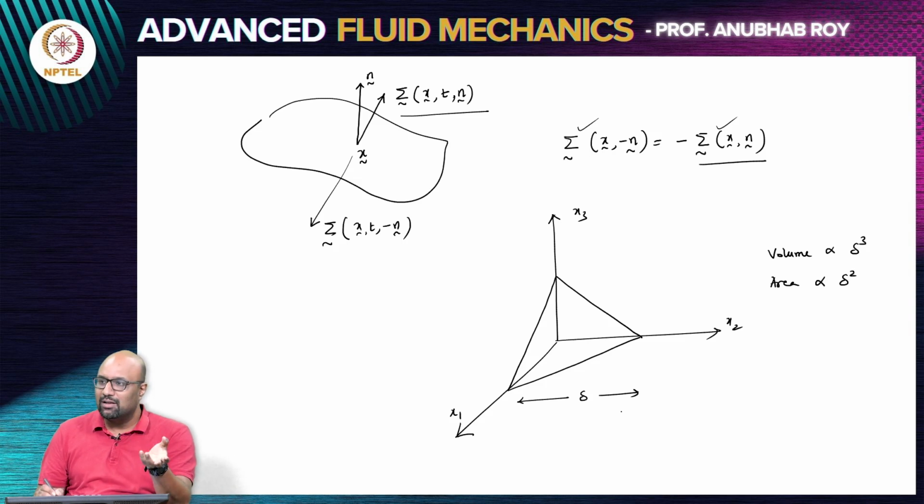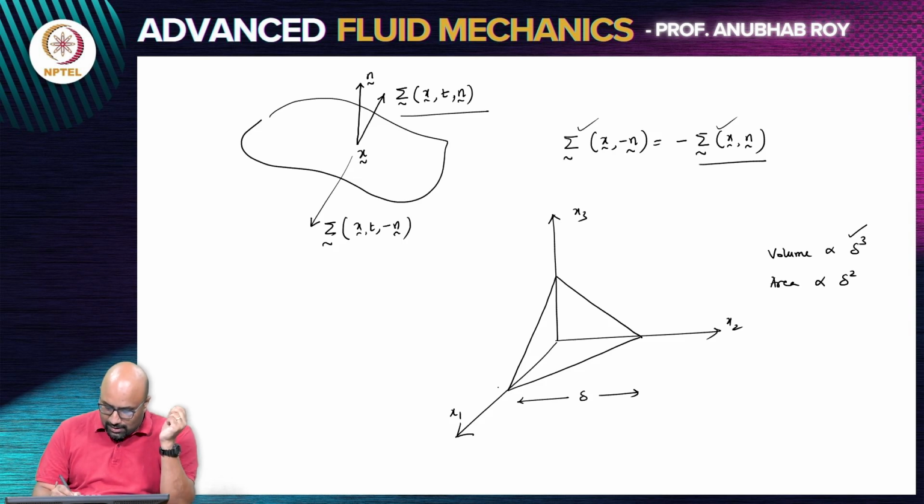You can find the volume of a tetrahedron given that one of the sides is of length delta, but we are not trying to arrive at the exact volume or area. We know that if one of the sides were of length delta, then the volume will scale as delta cube and the surface area will scale as delta square. This is important information.